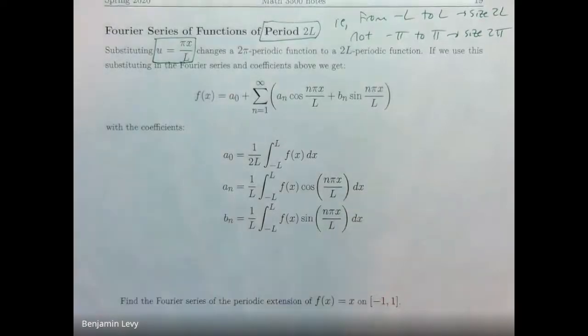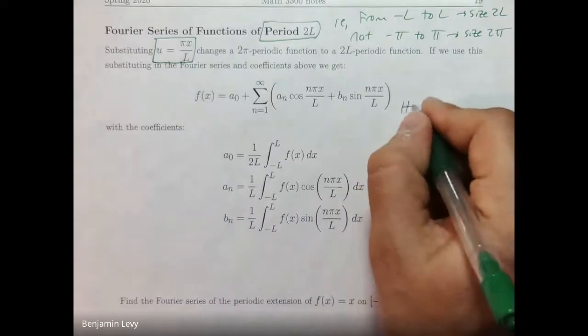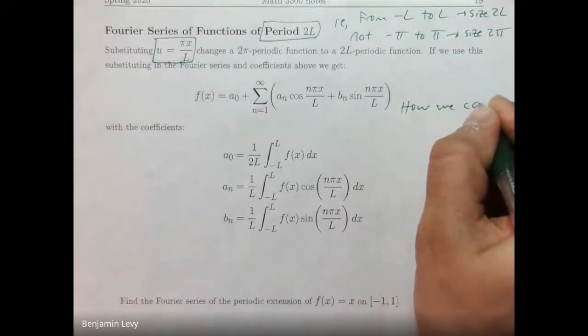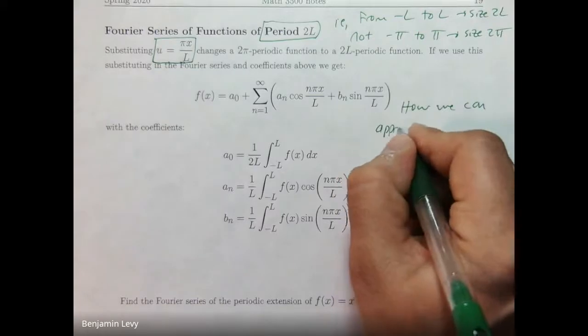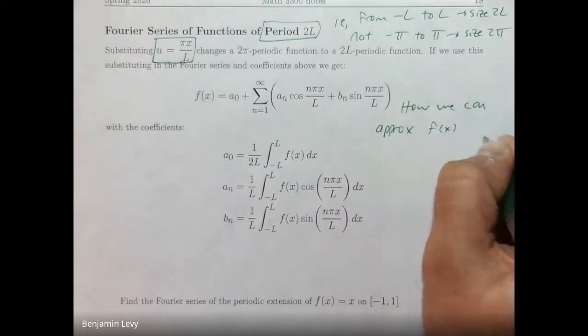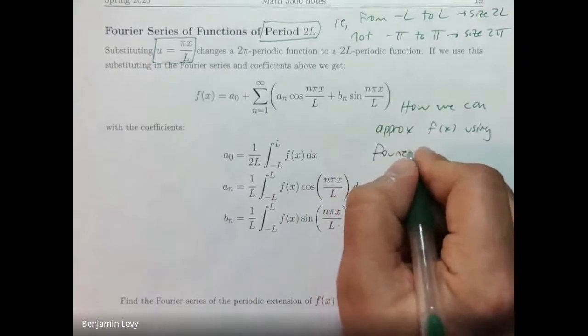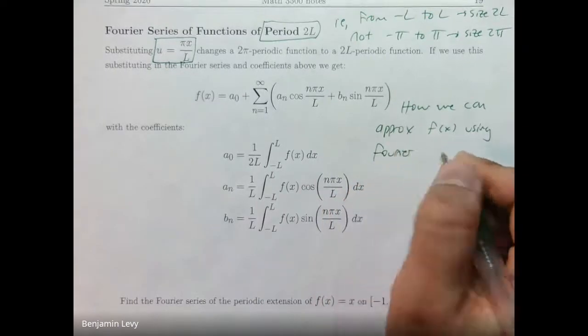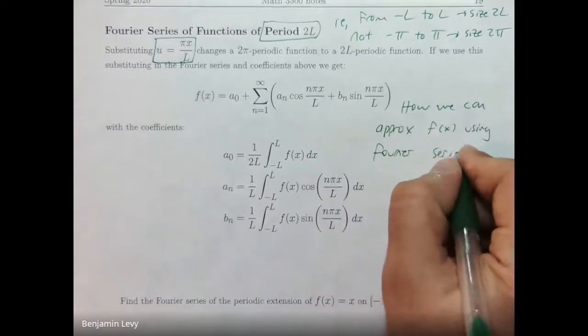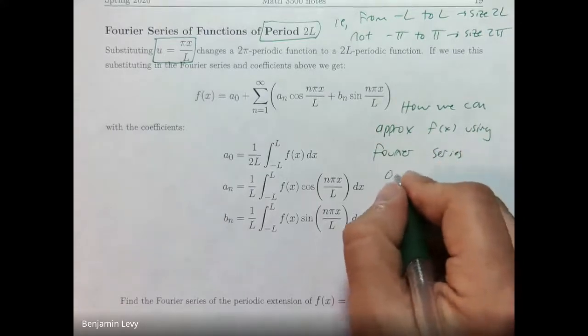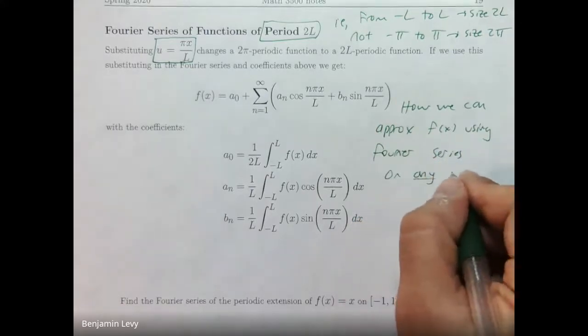It's the same exact idea, except this is how we can approximate functions using a Fourier series outside of minus pi to pi, so a Fourier series on any interval around the origin.